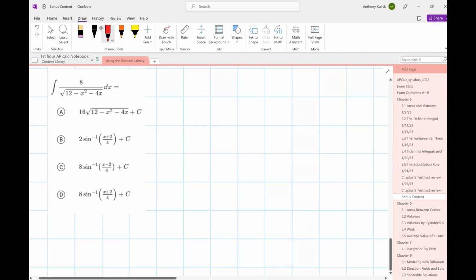Can we eliminate it down to any of these that are patently wrong right off the bat? Which one of these is not like the others? A, yeah. No way it can be A, right?